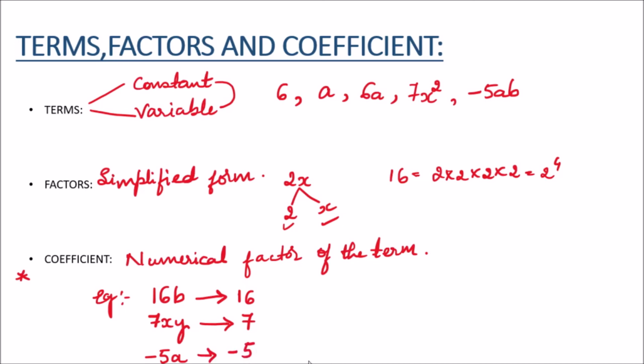Do not write simply 5, so that will be your wrong answer if you write so in your exam or test. Whenever you are writing the coefficient, you should include this negative sign, positive and negative sign. Simply if it is written 7, then it is understood there is a plus sign. There is no need of writing the plus sign in front of 7. But if there is a negative sign, you need to take that negative sign with whatever number is there.